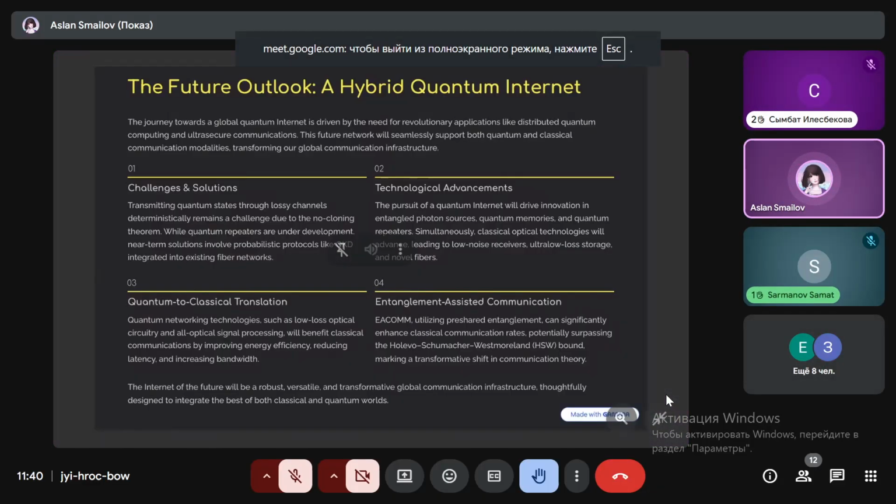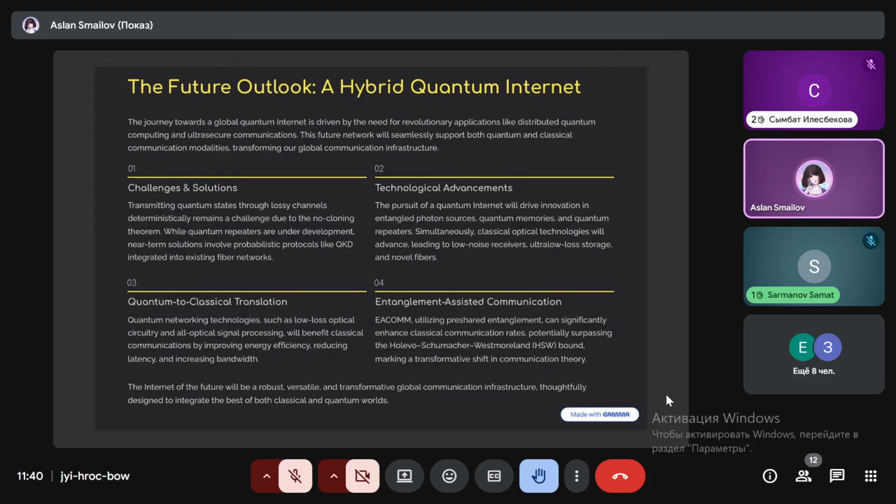Yeah, thank you for your question. As I said before, regarding the quantum communication layers, we have some disadvantages of fully using a quantum internet right now, because it will be too expensive to replace the internet that we have right now.